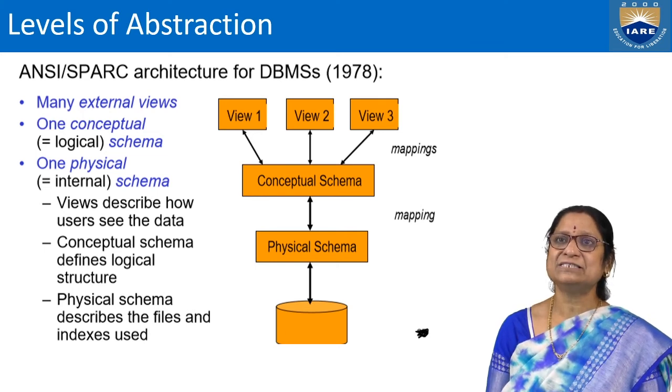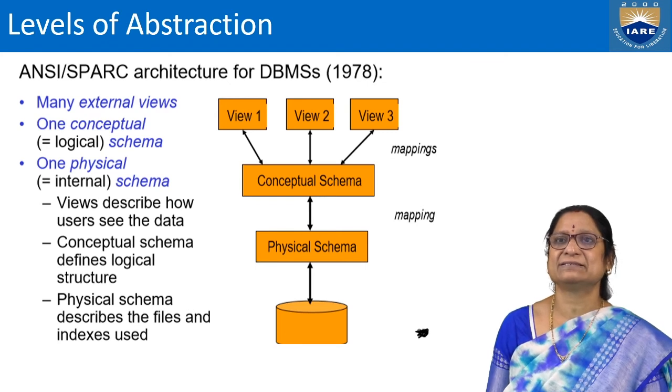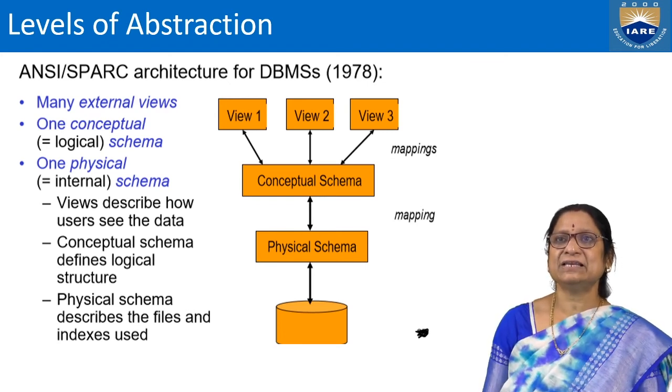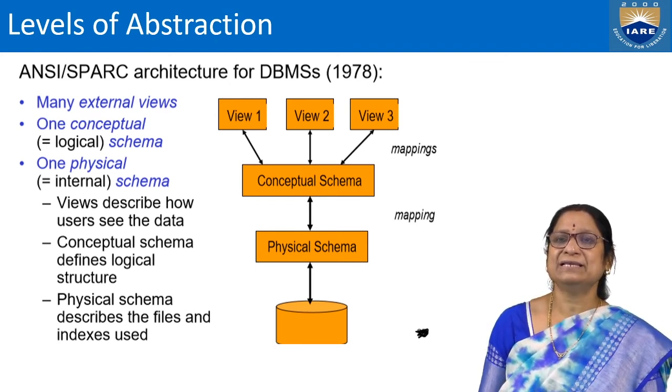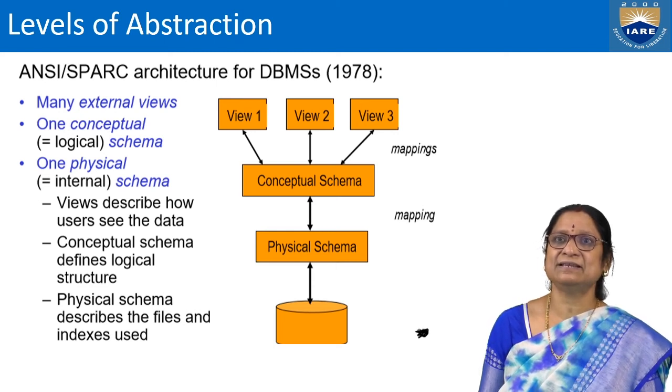The middle level, conceptual, means logical. It defines the logical structure of the database. That means it gives a logical structure based upon which the data is going to be stored in your database actually. The third level is the external level or view level. It consists of various views described by various users actually.